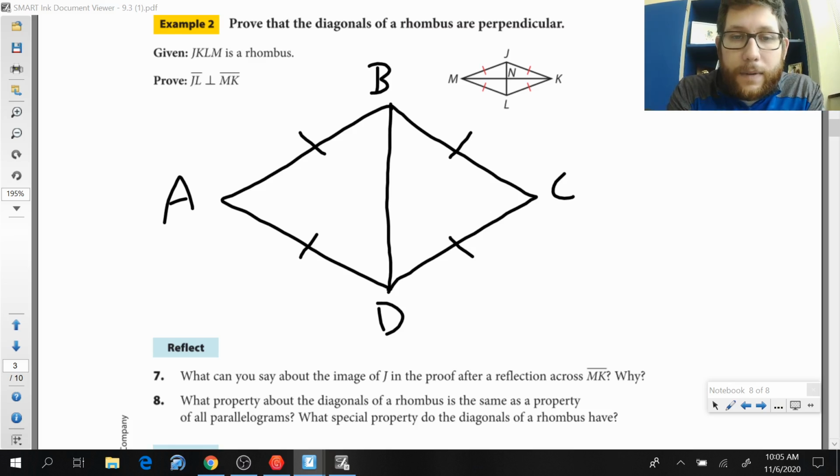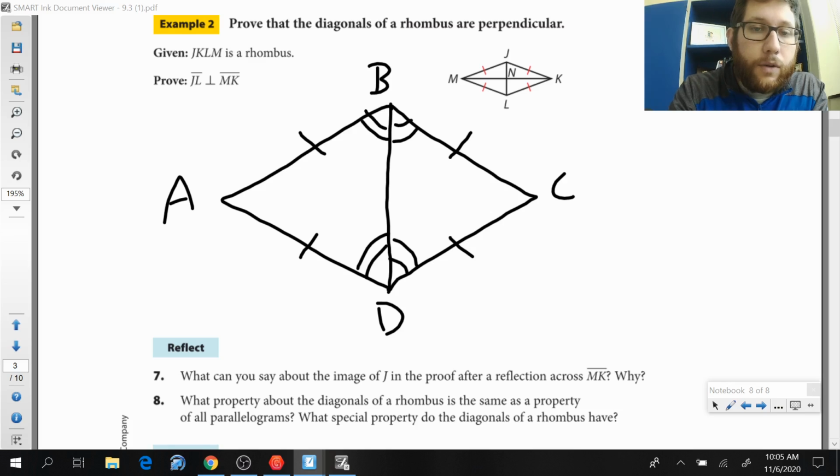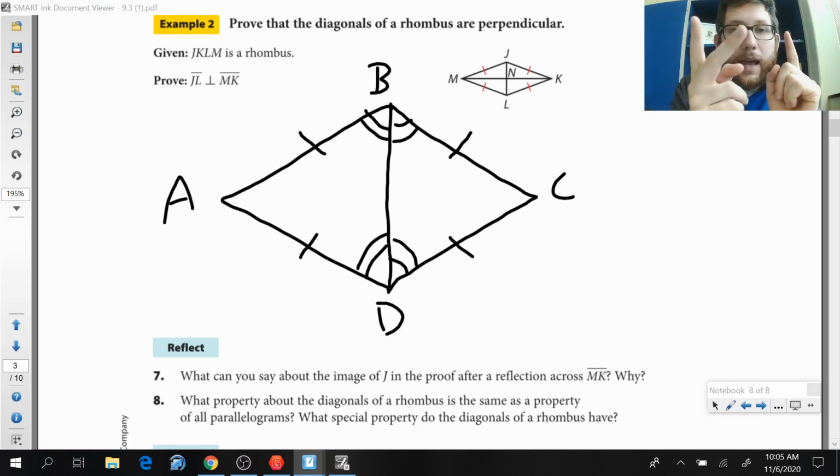I also happen to know that if they're congruent triangles, then these angles need to match up with each other. So these have to match up with each other, so I've got 2 on the bottom, 1 on the top. But also, I know it's an isosceles triangle. What do I know about isosceles triangles? I know the base angles of an isosceles triangle are congruent, so I can actually then just say no. Not only are they congruent to each other, across the diagonal, but also within the same triangle.